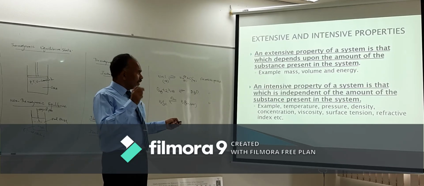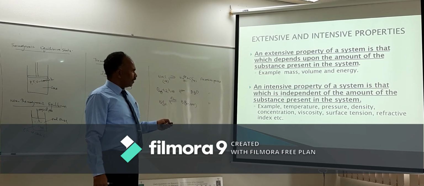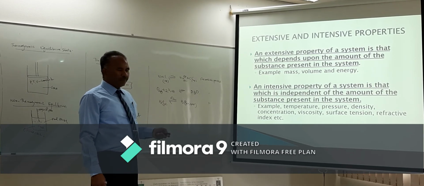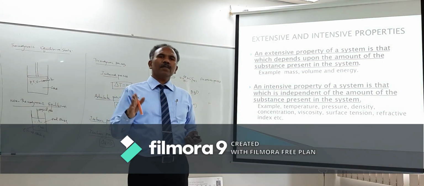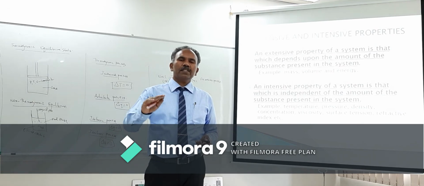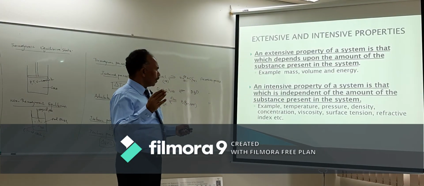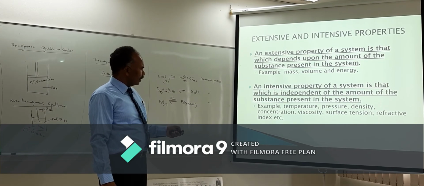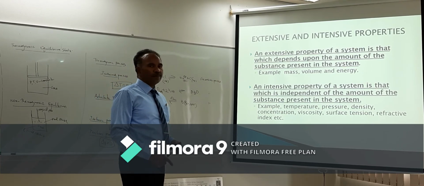Now, an intensive property of a system is that which is independent of the amount of substance present in the system. That means this property doesn't depend upon the quantity of the system. For example, temperature, pressure, density, concentration, viscosity, surface tension, refractive index, etc. are intensive properties.